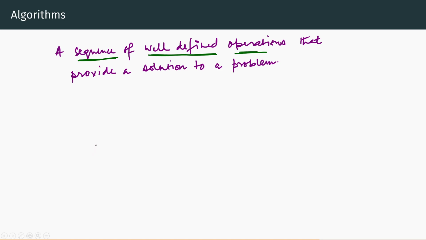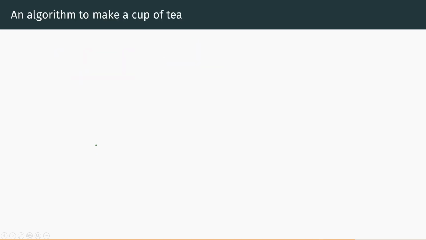So for example, let's take the next slide, which is the algorithm to make a cup of tea. So you're teaching your friend to make a cup of tea, right? So here are some things that you do in order to make a cup of tea. The first thing you'll do is, let's say, boil water. Next, you put a tea bag in a cup.